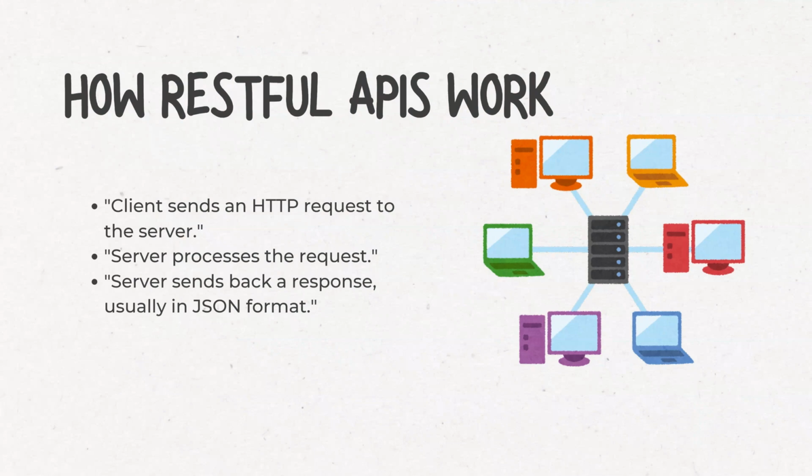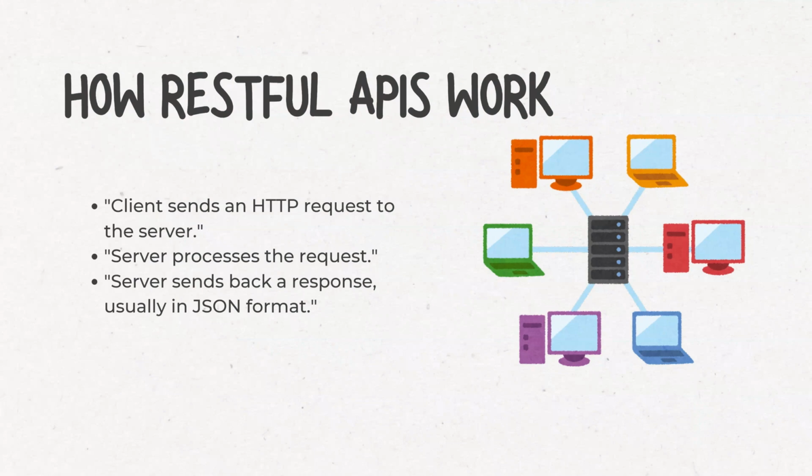Okay, so how does a RESTful API actually work? Let me give you an example. Imagine your client, maybe a web app or mobile app, sends an HTTP request to a server. This could be asking for some data or telling the server to do something. The server then processes this request and sends back a response, usually in JSON format.